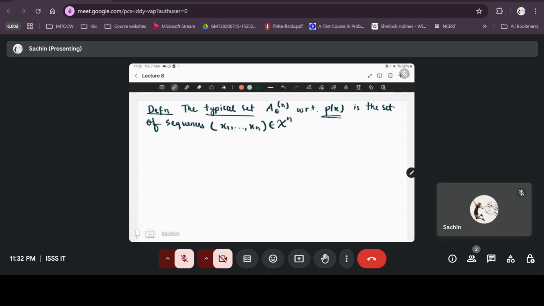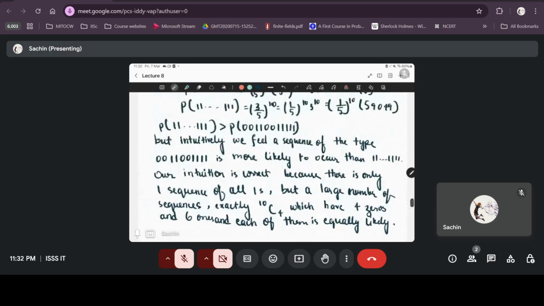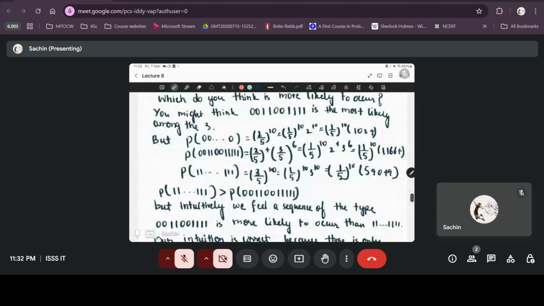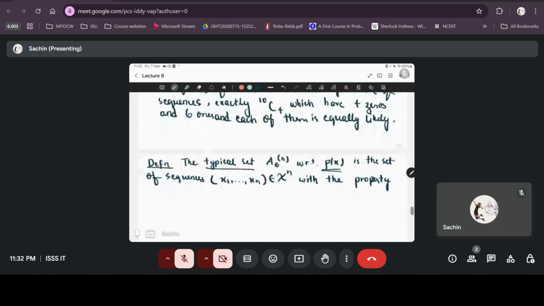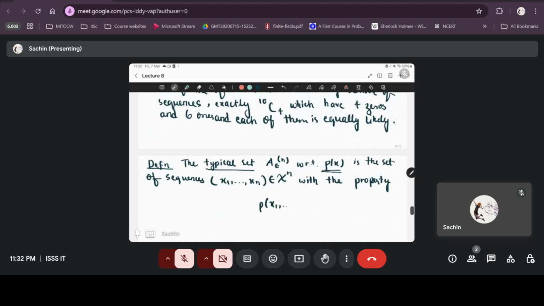So if you're taking coin tosses, then each of these x1, x2, xn is one of these types of sequence 1 1 0 0, a sequence of ones and zeros, with the property, the probability of the sequence is somewhere between 2 power minus n h of x minus epsilon and 2 power minus n h of x plus epsilon.